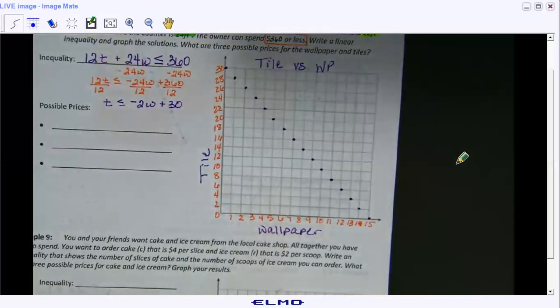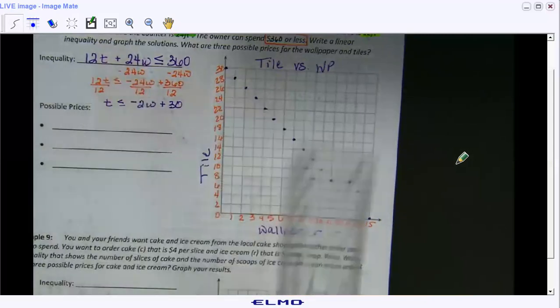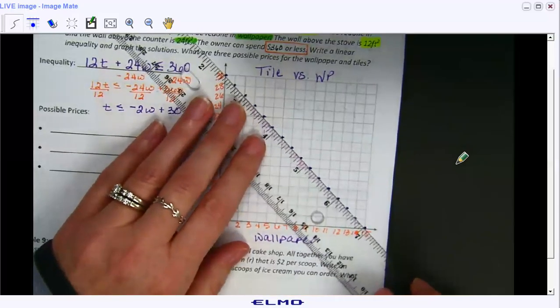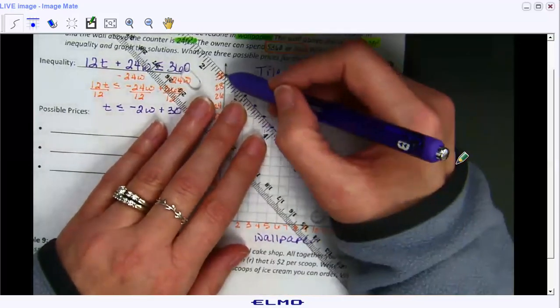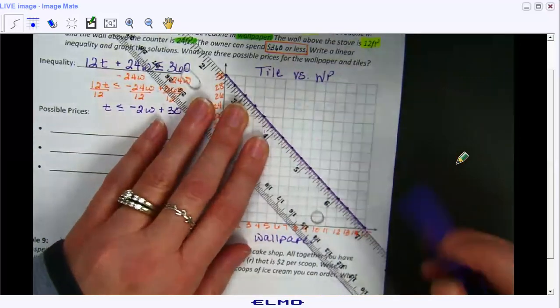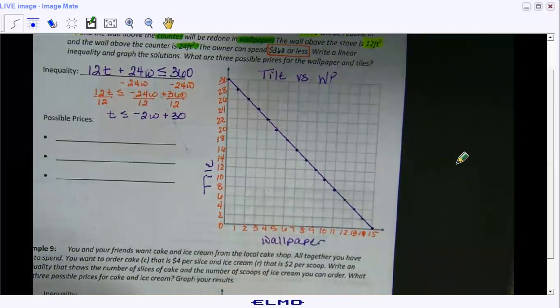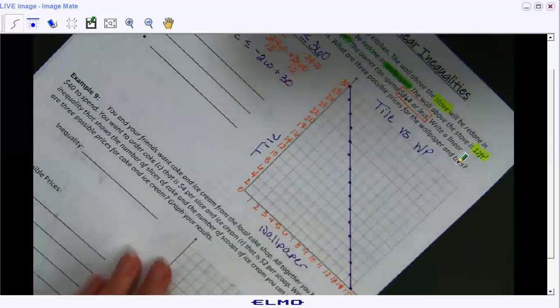Okay, and we're still graphing an inequality. So are we going to have a dotted line or a solid line? Solid. Solid tells us that a solution can be on that line. And then are we going to shade above or below? Below, because it's less than.